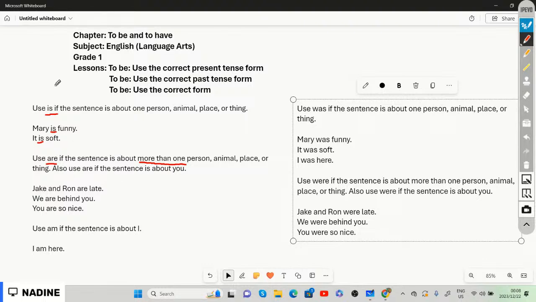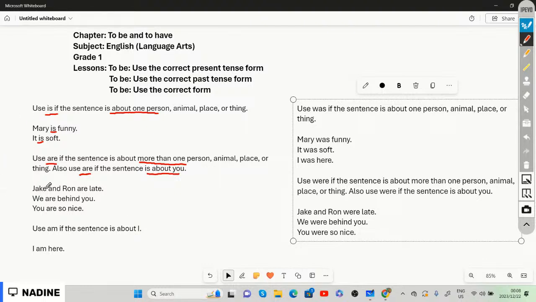Remember, we use is if the sentence is about one person, animal, place, or thing, but we use are if the sentence is about more than one. And we also use are if the sentence is about you. It's like saying you are. So if the sentence is about you, then you also use are.